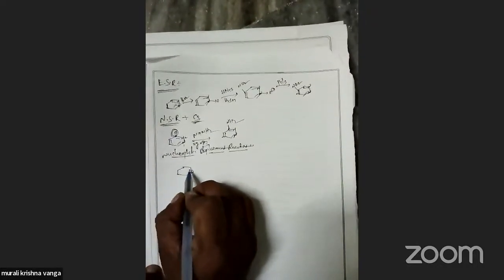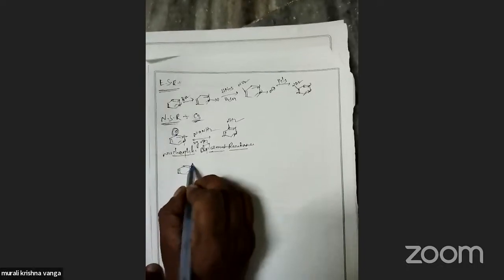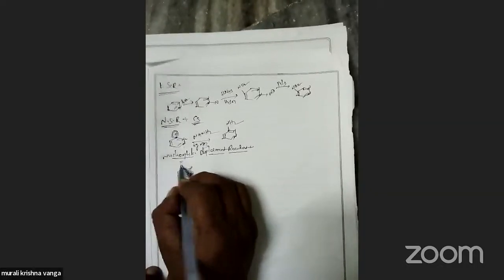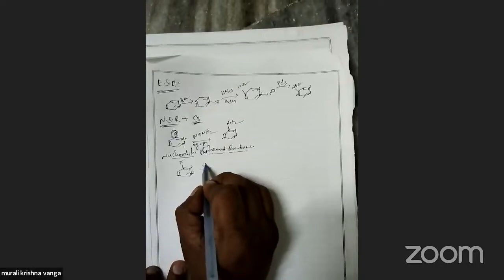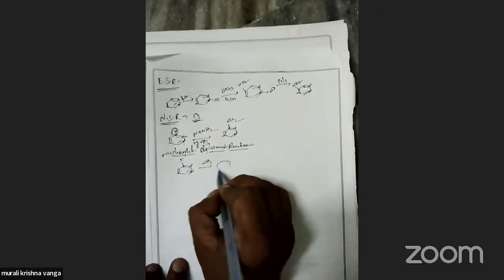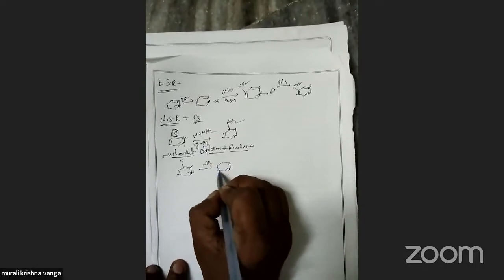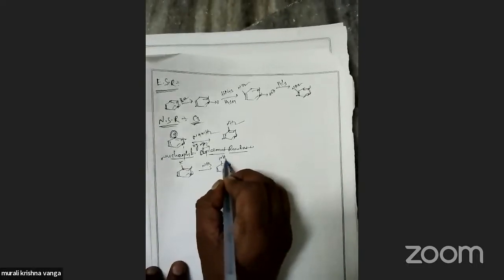Halopyridines readily undergo nucleophilic displacement reactions with amines, alkoxides and thioalkoxides. When reacting with ammonia, NH2 product forms.